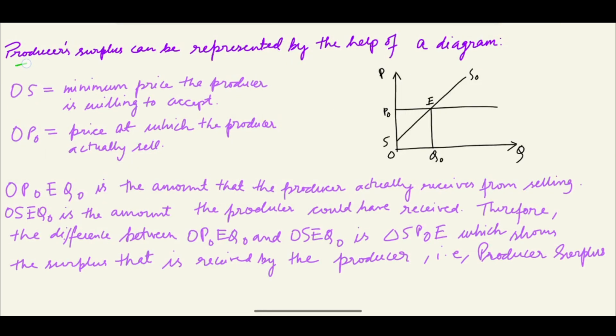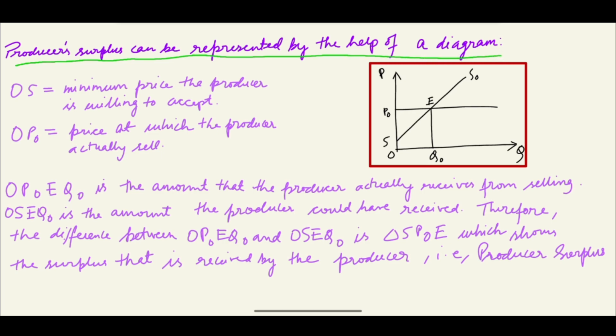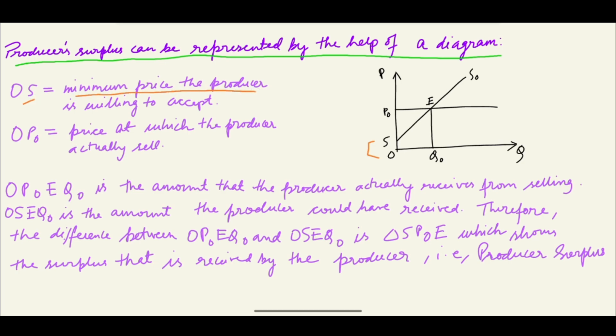Producer surplus can be represented by the help of a diagram presented like this. Here we mark the price OS, which represents the minimum price producer is willing to accept. Then we mark price OP0, which represents the price at which the producers actually sell.